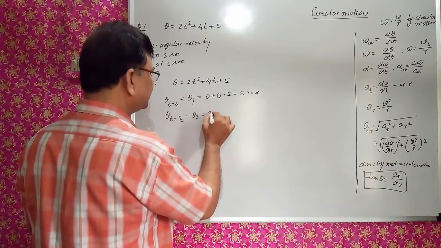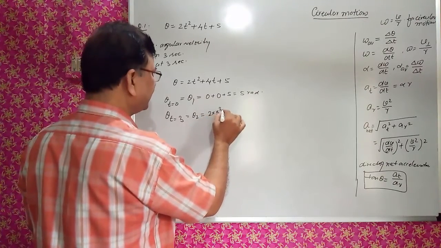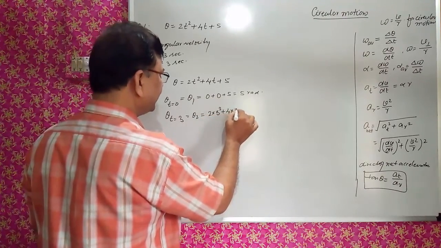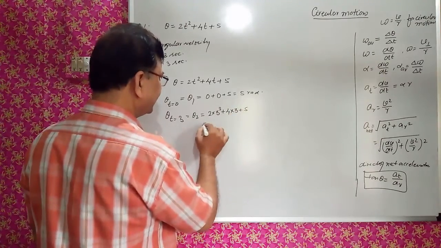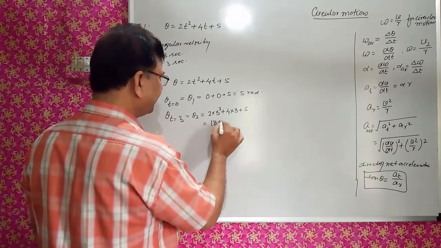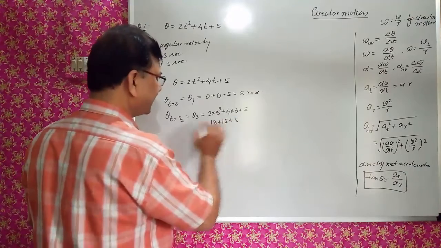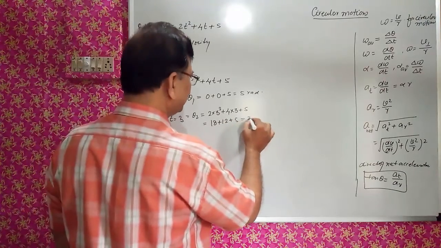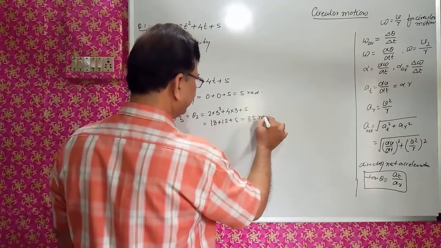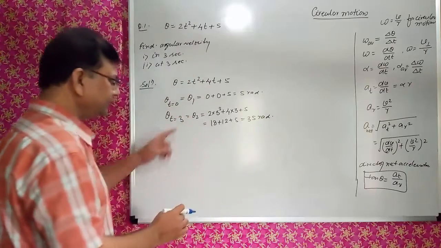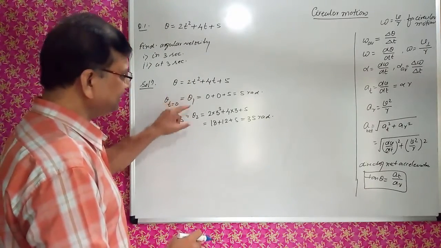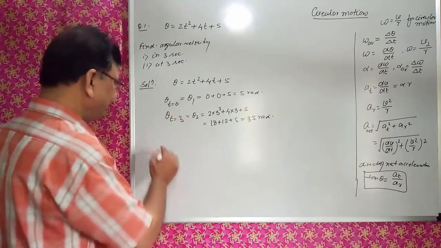That is 2 into 3 square plus 4 into 3 plus 5, that is equal to 18 plus 12 plus 5, that is equal to 35 radians. So angular displacement at two different times I have taken.